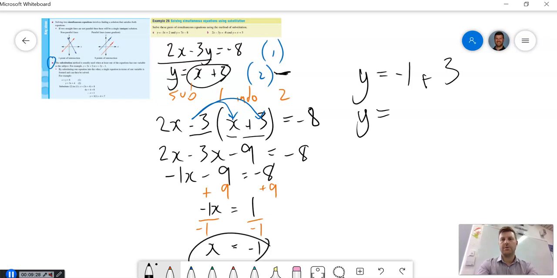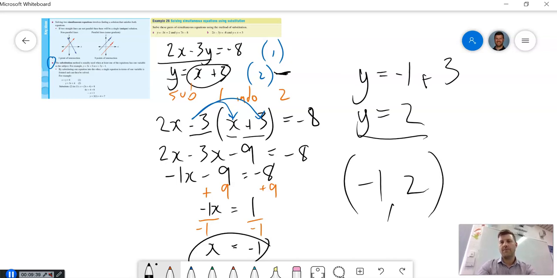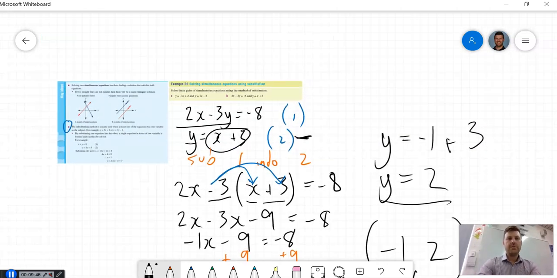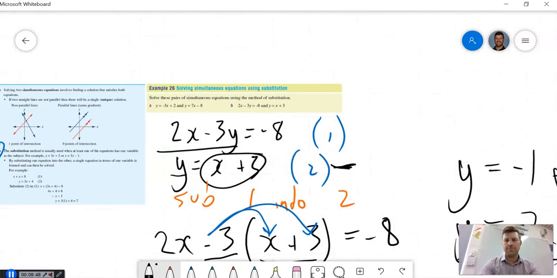So y is equal to -1 plus 3, which is 2. And the answer is then, as a set of coordinates, x value first, -1, y value second, positive 2. And there you have it. That's how you solve simultaneous equations using substitution.